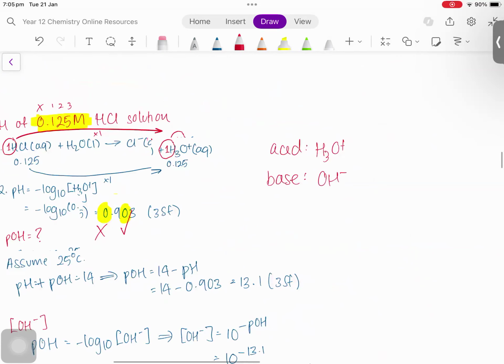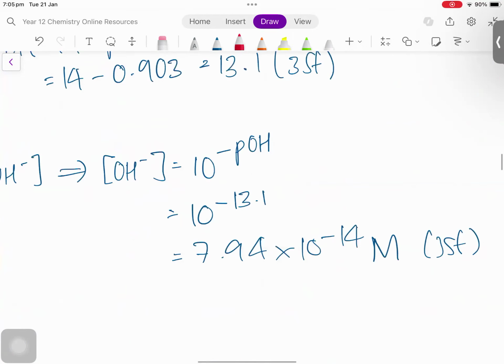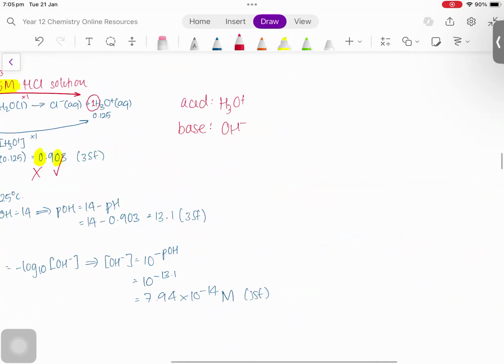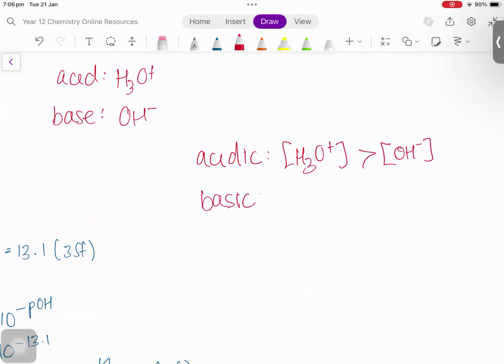So as you can see, this is an acid, but there is OH minus in it. The reason a solution is acidic, I know in the equation you see H3O plus, but the reason something is acidic is because there's more H3O plus than OH minus. And something's basic not because it has OH minus, but because there's more OH minus than there is H3O plus.